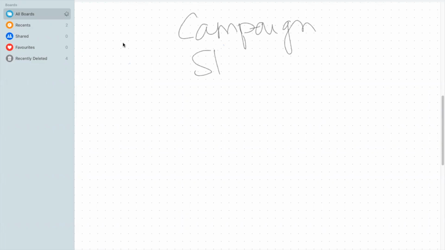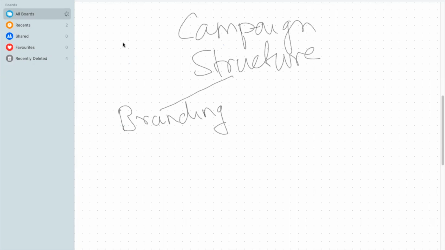So campaign structure. In terms of the logic, there'll be an awareness or branding campaign, also called awareness, and then there will be a non-brand campaign.